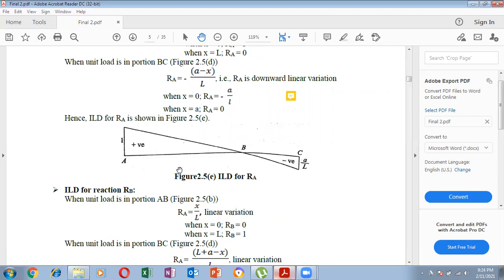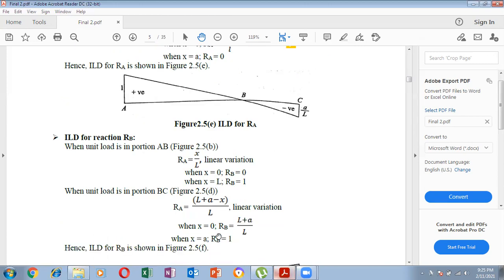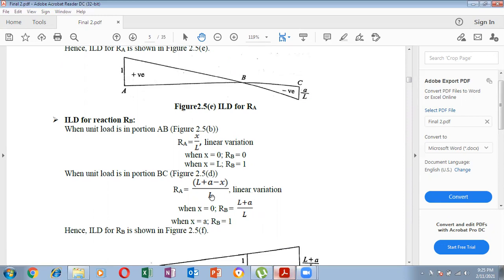Similarly, when the load is in the overhanging position, we already have RA equal to minus (A minus X) by L. Again, using the equilibrium equation, summation of V equal to 0, put 1 minus of minus (A minus X) by L. Solving this, we will get (L plus A minus X) divided by L. So RB is equal to (L plus A minus X) by L, which is also a linear variation.